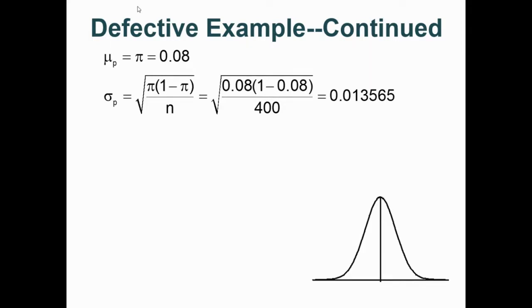The question asks us to find the probability that the proportion is greater than 0.10. The probability that p hat is greater than 0.1. Since we said that we can use the normal approximation, let's find our z-score.